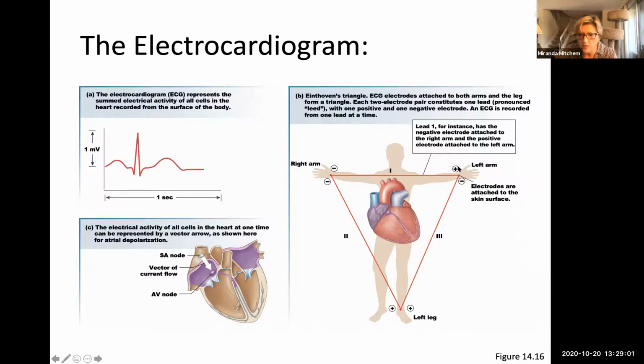So notice we've got positive on the left arm, and then we've got a difference in the flow. So positive, negative, positive, negative. The positioning of the leads gives us one positive and one negative electrode, so that there's a difference in the electrical gradient so that we can measure it.